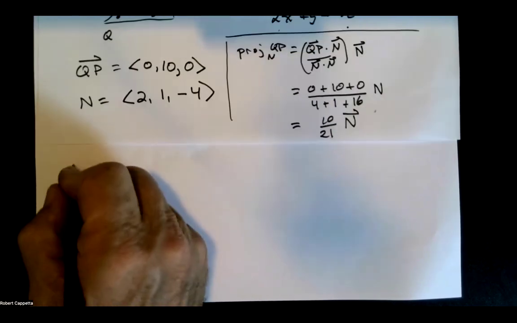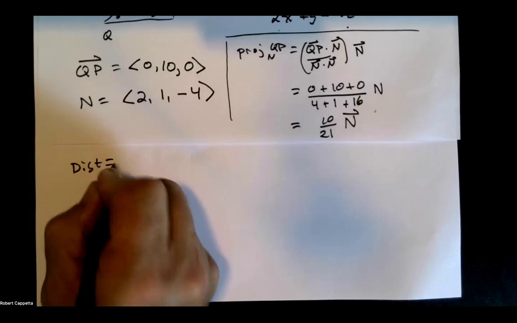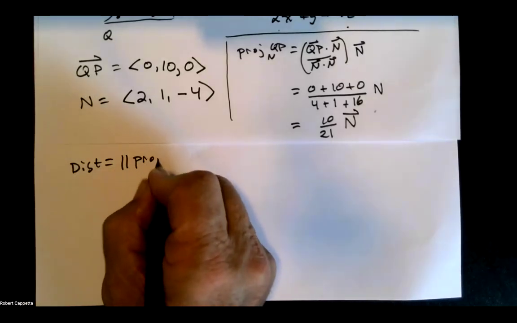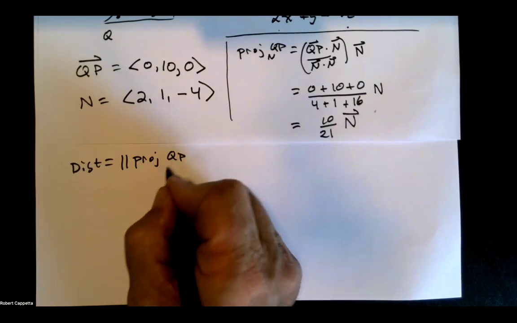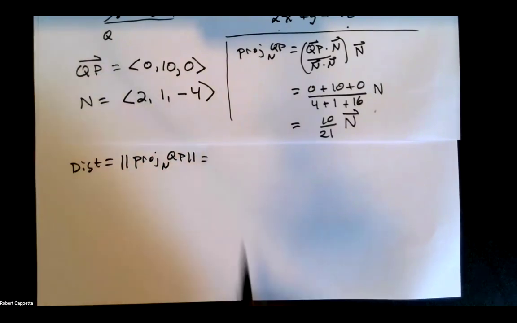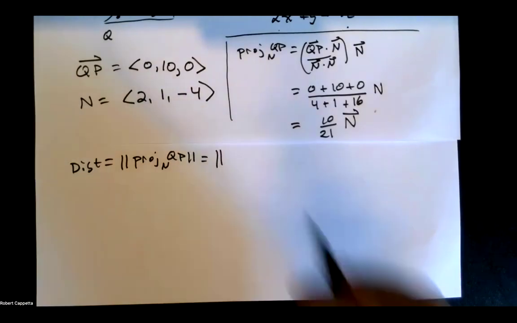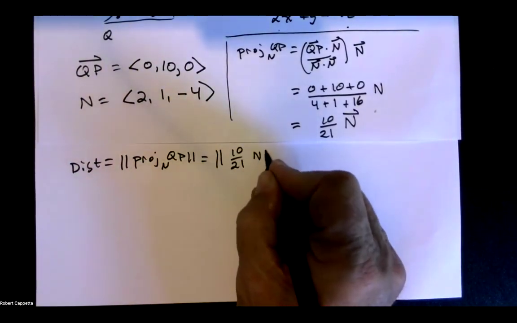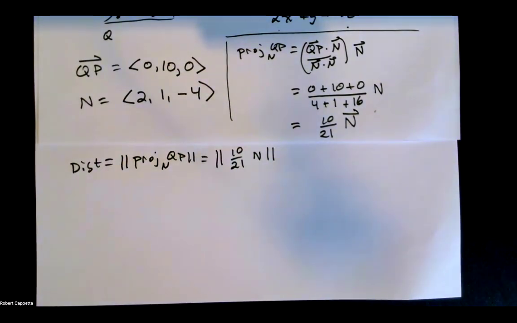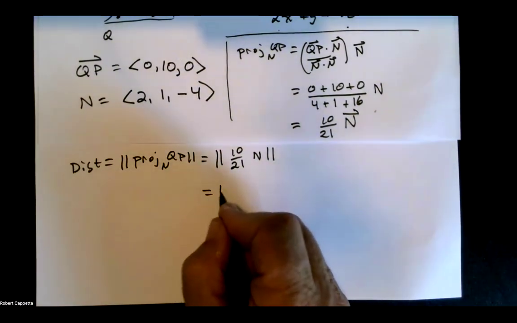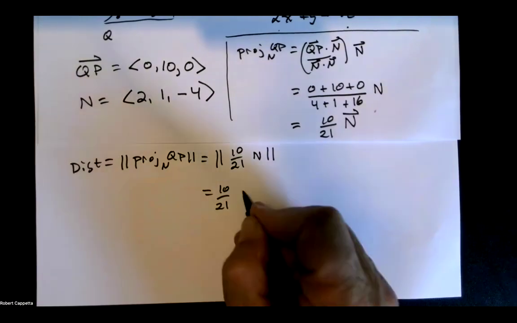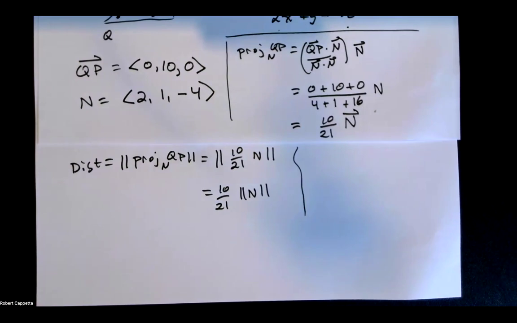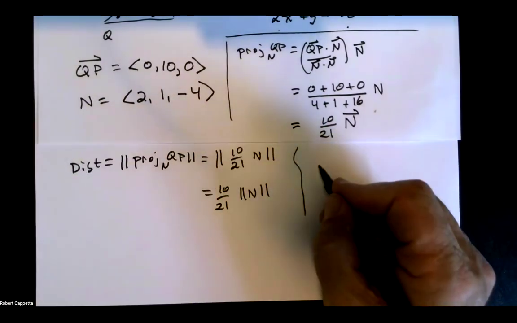So we're going to say distance equals the magnitude of the projection of QP onto n, which is the magnitude of 10 over 21 times n, which is the absolute value of 10 over 21 times the magnitude of n. Now let's remember what n was. n was 2, 1, -4.